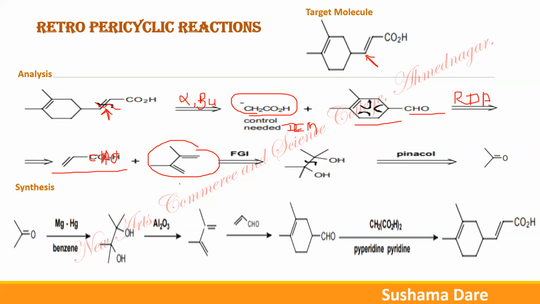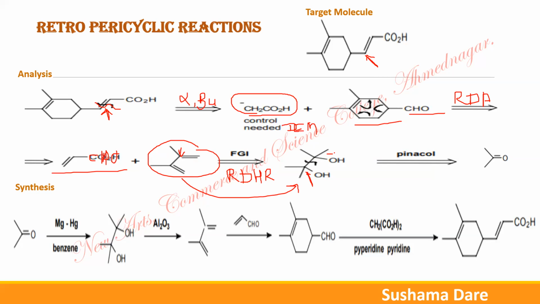Now look at this. What we have done here is an FGI, functional group interconversion. Instead of the double bond, we have added a water molecule here. So that is a retro dehydration reaction, again adding H and OH. The OH has to be added to the most hindered carbon, so OH here, and here is the OH.